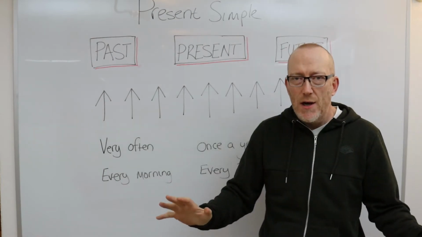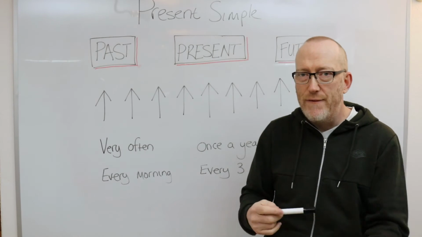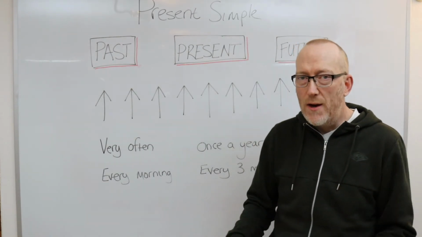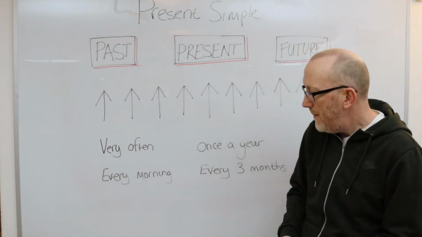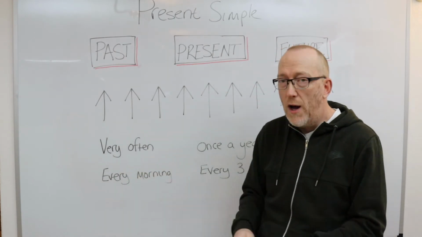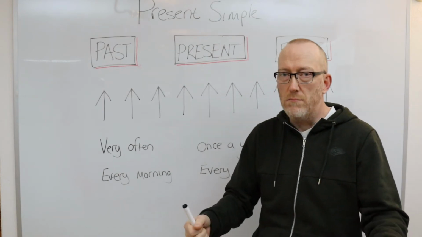Now I just want to take a few extra minutes to look at some adverbs of frequency and time markers which you might find very useful. So, for example, very often, we could use often. I often do something. I go to the shop often.